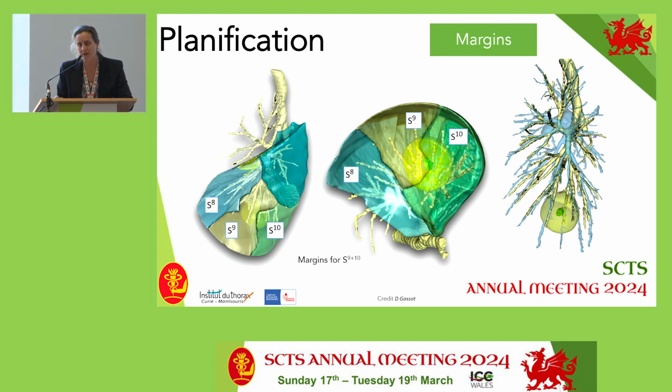Here, for the lower lobe, it was very, very helpful to help us to determine, for example, a S9 plus S10 segmentectomy that could usually be very difficult without, because we want to be sure of our margins and not to come with invaded margin that could provoke local recurrence.